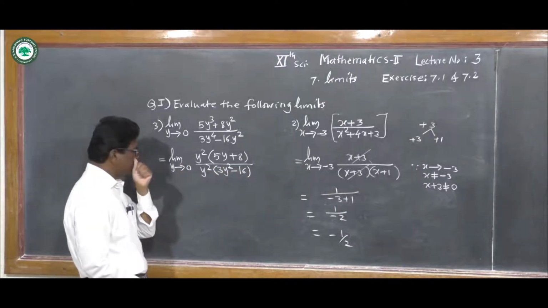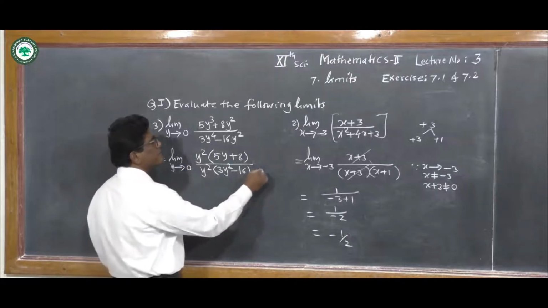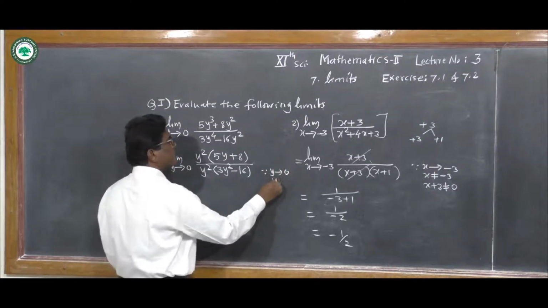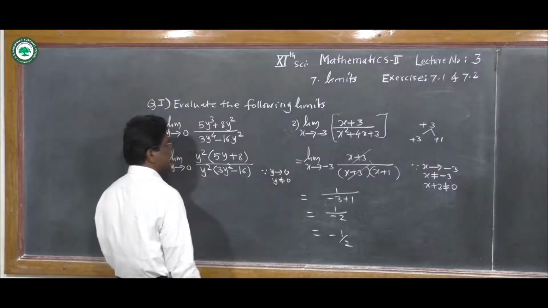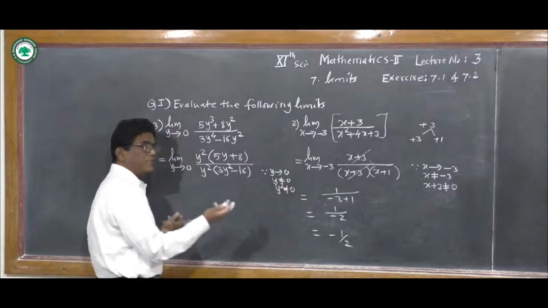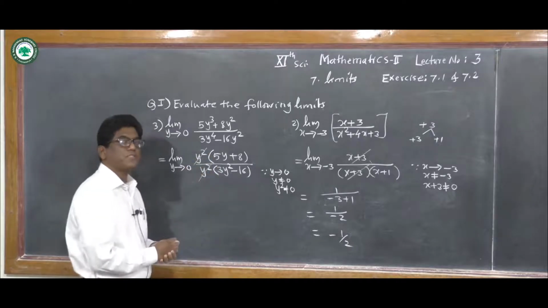Now we cancel this y square. Before we cancel it, we write that since y tends to 0, y is not equal to 0, therefore y square is not equal to 0. Then we cancel this y square.